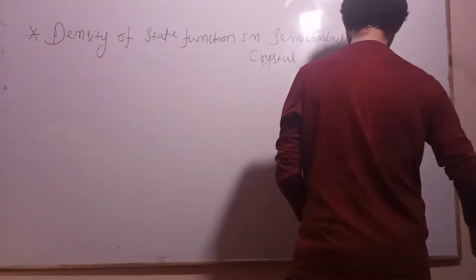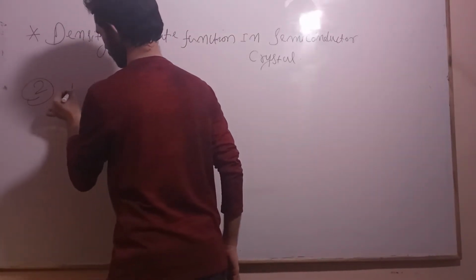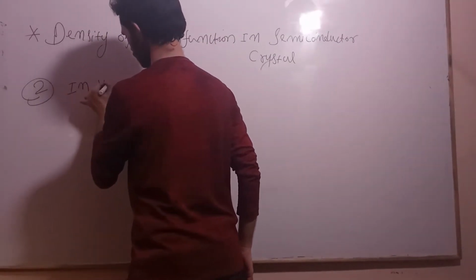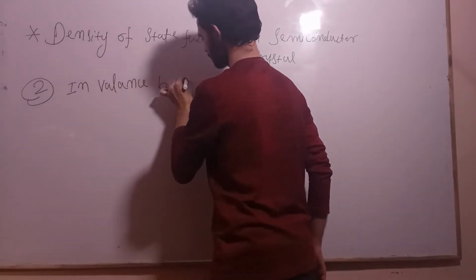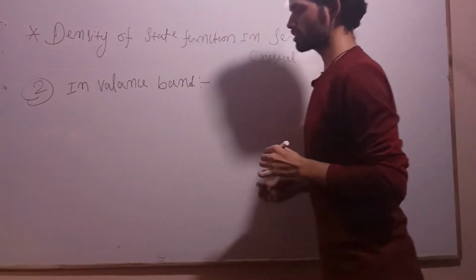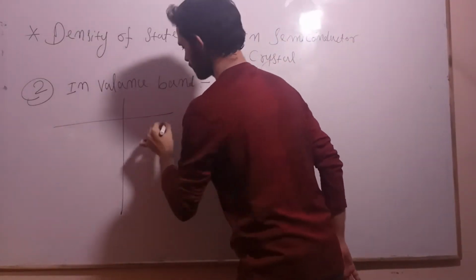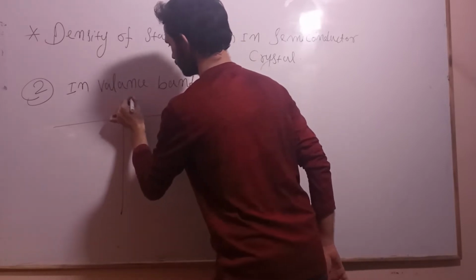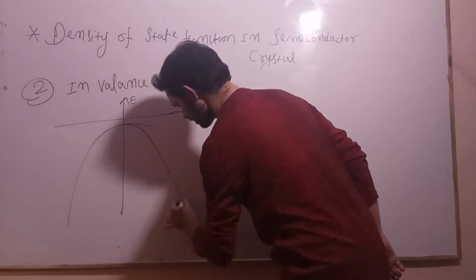In the valence band, as you know very well, the energy versus momentum curve looks something like this.